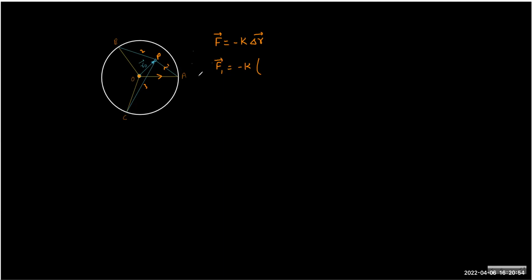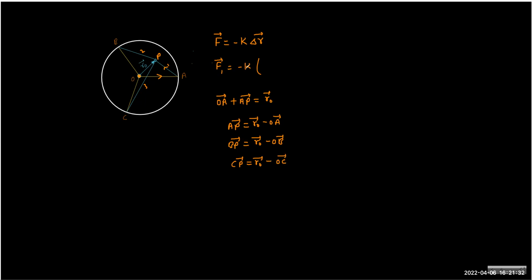I want to know what AP is. You can write OA vector plus AP vector equals R naught vector, right? So the AP turns out to be R naught minus OA. Similarly, the BP will be R naught minus OB, and the last one, C, is R naught minus OC.